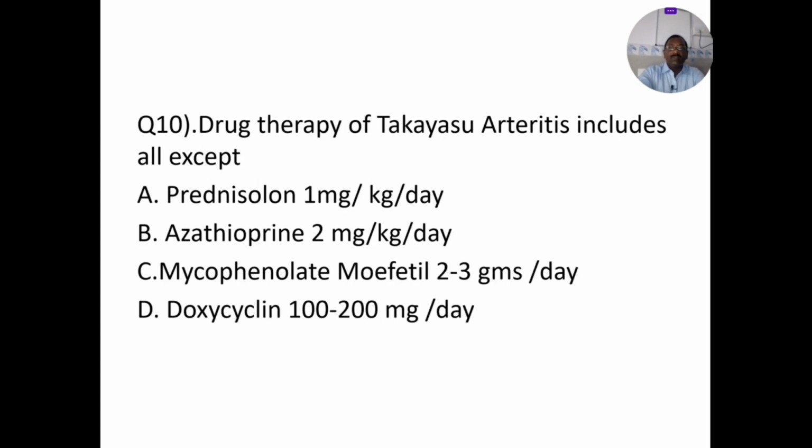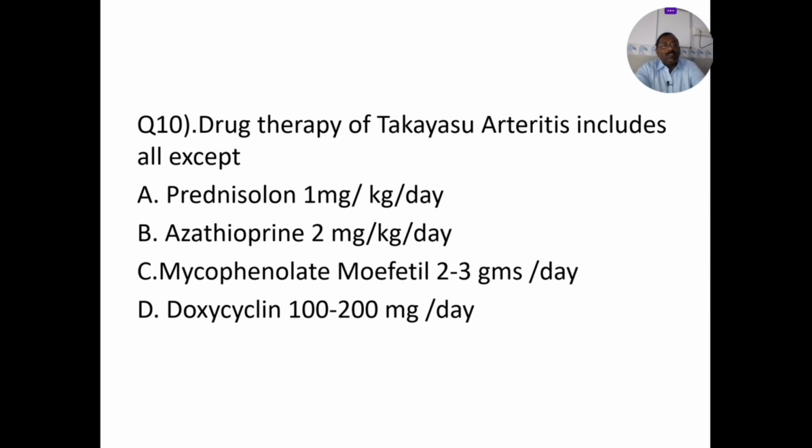Last question. Drug therapy of Takayasu arteritis includes all except prednisolone 1 mg. Yes, we use high dose of prednisolone. Azathioprine 2 milligrams. Yes, we use azathioprine. Mycophenolate mofetil. Yes, as an immunosuppressive drug. Doxycycline 100 to 200 milligrams, antibiotic.